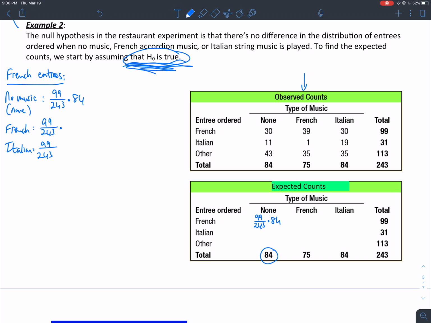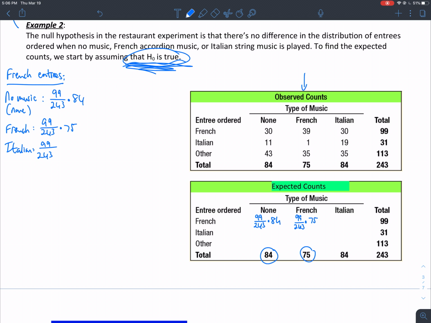And then for French, I want to do 99 out of 243. It's the same proportion. We are keeping the null hypothesis, but times the number of entrees in the French treatment group, so this would be times 75.